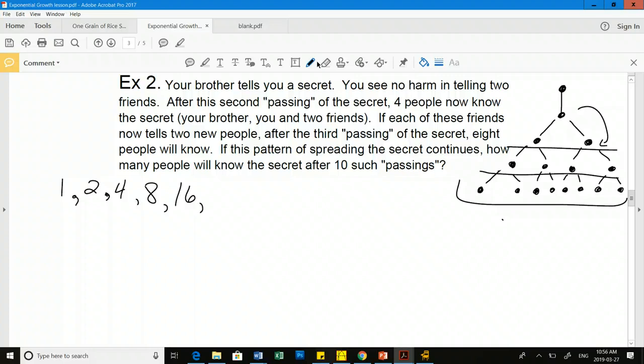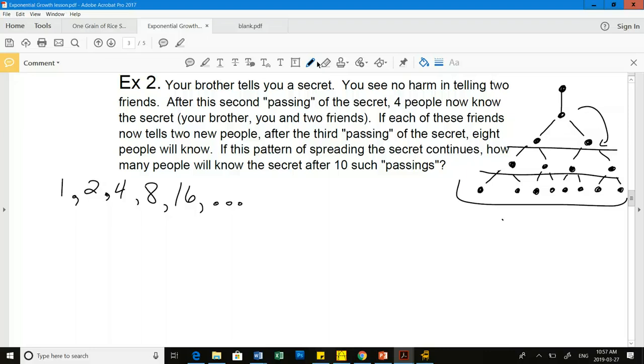Okay, so this sequence of numbers right here is actually giving me the total number. Okay, so this is a little bit different than our grains of rice story, because in our grains of rice story, we're finding out how much she gets on each individual day. Here, with this little pattern that we just created here, we're finding out how many total people know after each passing.